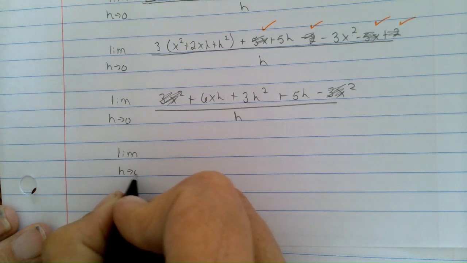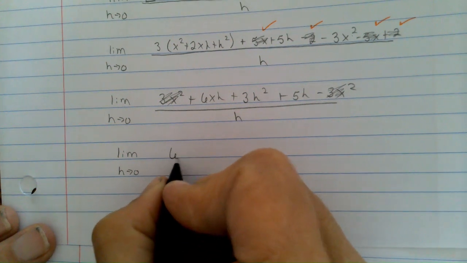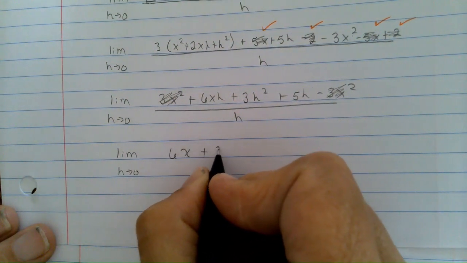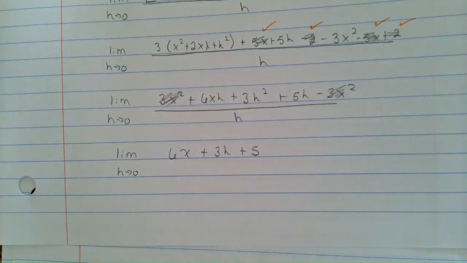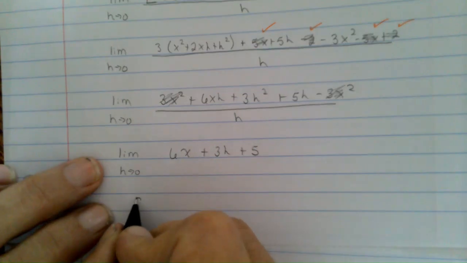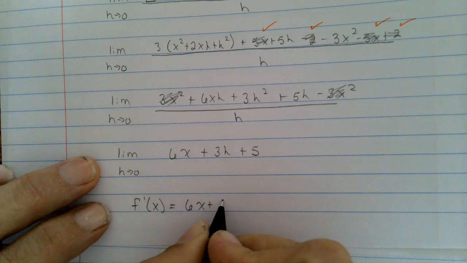So it's a good thing your algebra skills are on par for combining like terms, right? We would have 6x because the h would cancel, plus 3h plus 5. Now I can finally substitute 0 for h, and I find out that the derivative is just 6x plus 5.